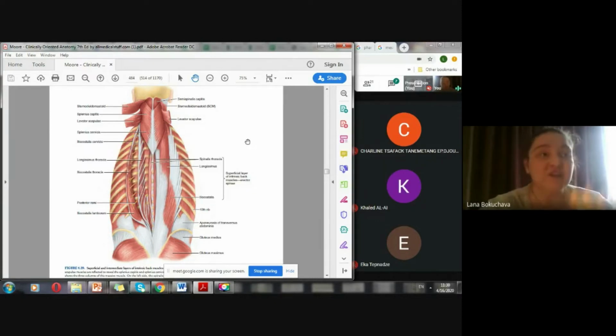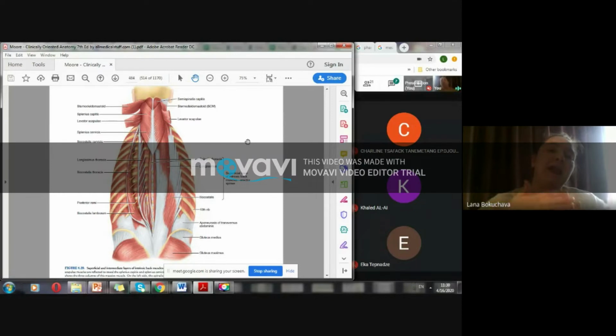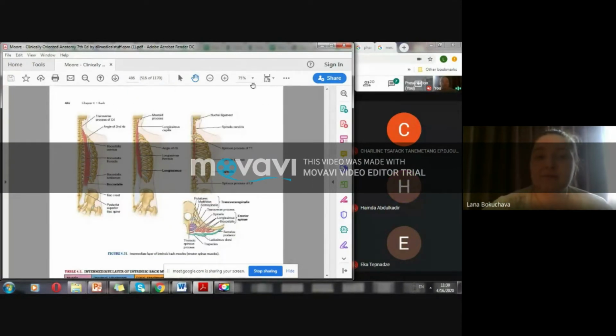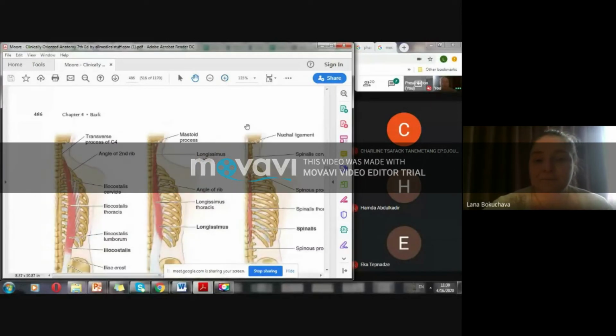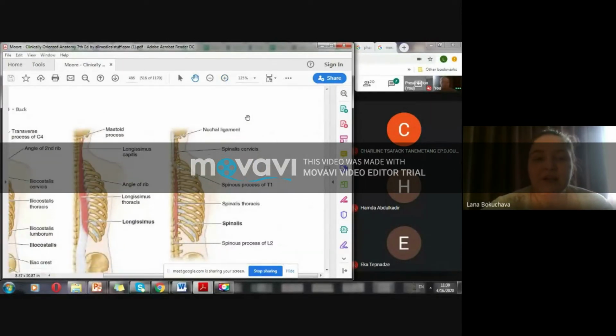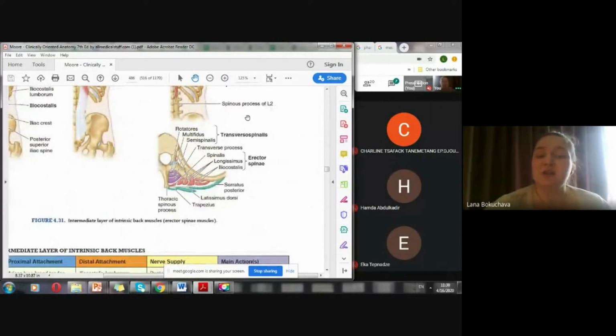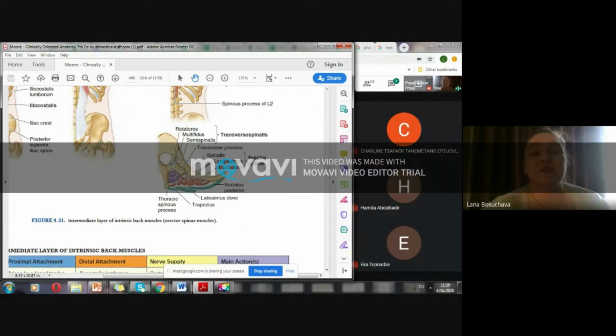Using the word superficial doesn't mean that it is literally superficial towards the skin and very close to it. No, but according to the layers, and it's better seen, let me show you it here. Here's a nice picture of the cross section. As you can see, particularly at which region? You can already know it. The thoracic one, yes, we can see the rib, how it is attached to the part of the body and the transverse process.